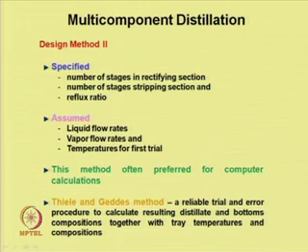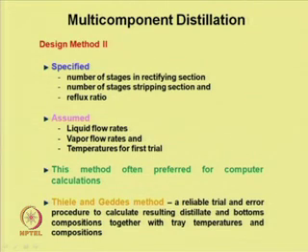So, design method 2, what are the things specified? The number of stages in the rectifying section, the number of stages in the stripping section, and the reflux ratio are specified, and the liquid flow rate, vapor flow rate and temperature are assumed for the first trial.